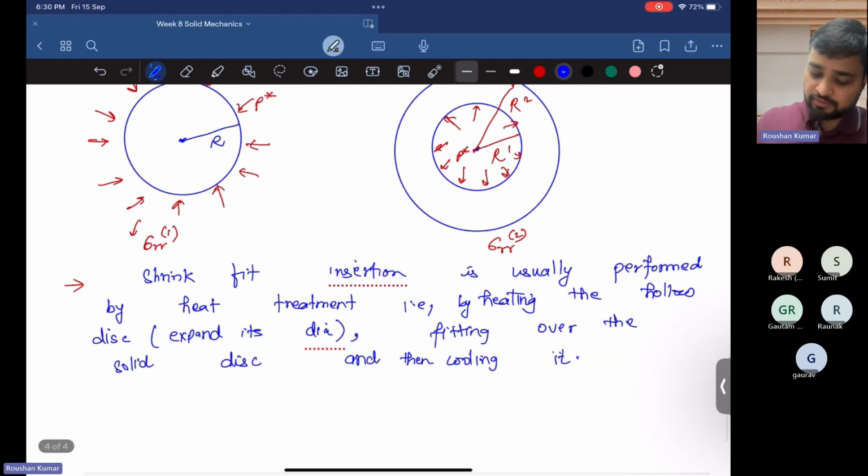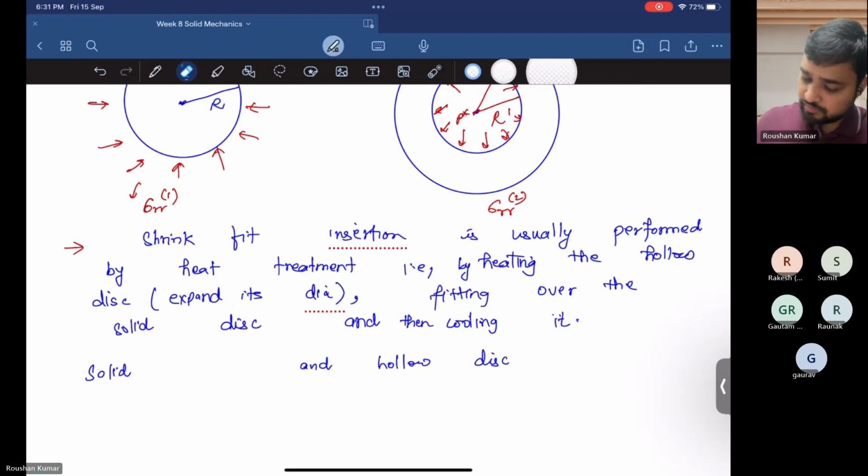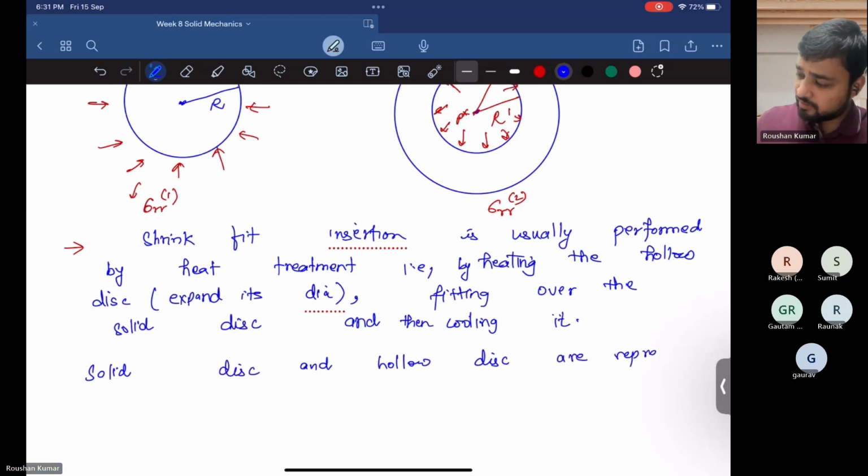We also write here that the solid disk and the hollow disk are represented by superscript 1 and 2 respectively.